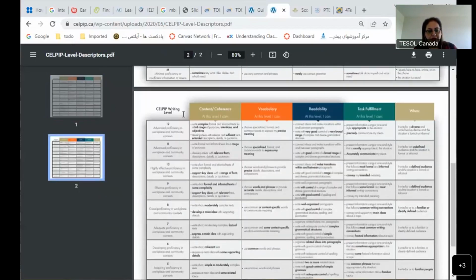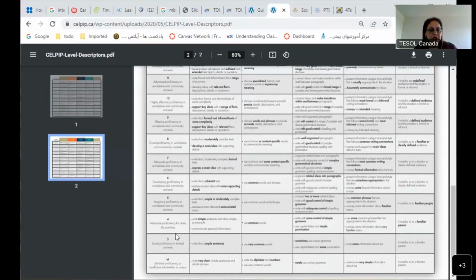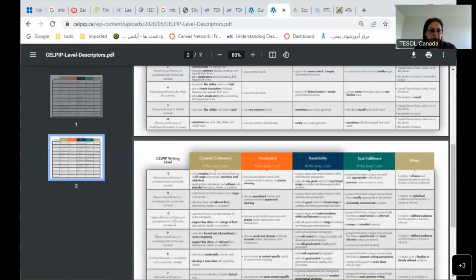And even in writing, again, is it readable? And task fulfillment, how relevant their answer is, the level and range of vocabulary they use, and also the coherence in the writing. So it starts basically from 3 to 12.